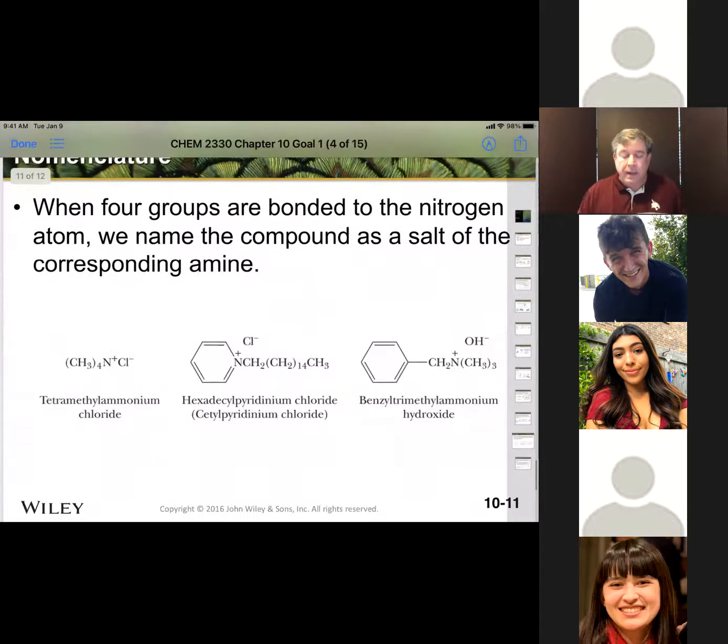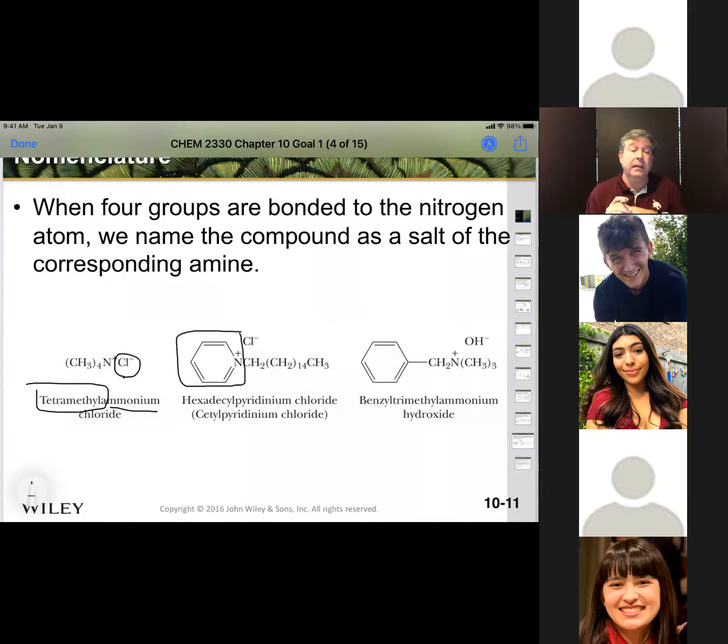Okay. Now, if your amine reacts with an acid or reacts with another alkyl group to generate a positively charged nitrogen, so you have 4 bonds to nitrogen and a positive charge on nitrogen, we've now changed them to an ammonium ion, okay? So in the case of an ammonium ion here, you would name the groups. We have the trimethylammonium and then whatever the counter ion is. Here, when we have the heterocycle, we would have that heterocycle as the ion.